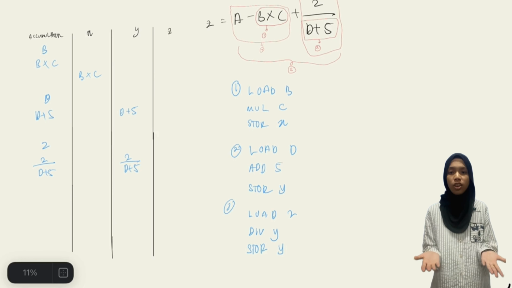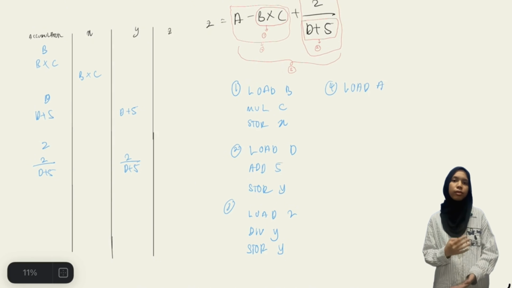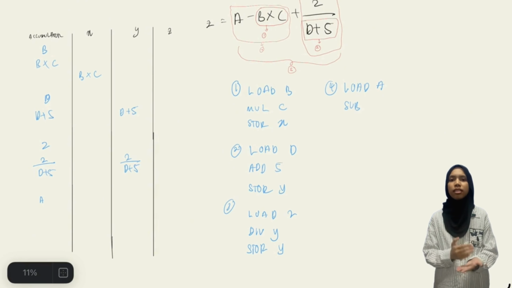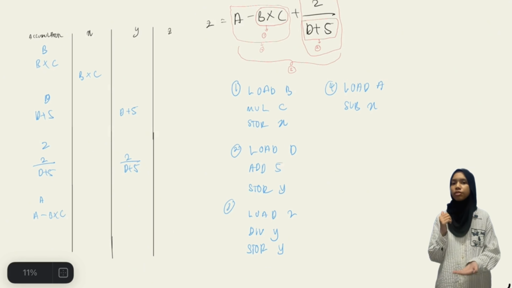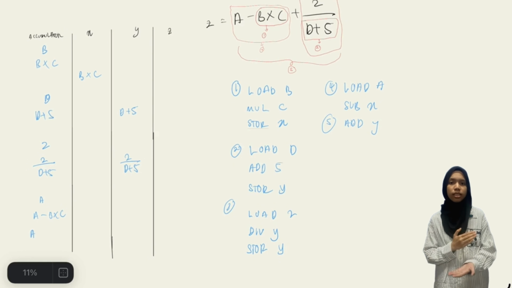Next, we move to the fourth group, which is A minus B times C. The steps are similar to the previous group. First, load A, then perform SUB S because we stored B times C in S earlier.